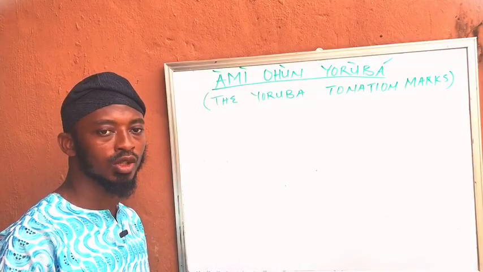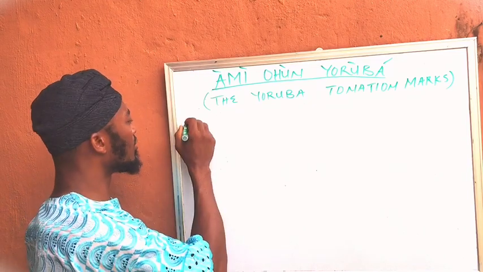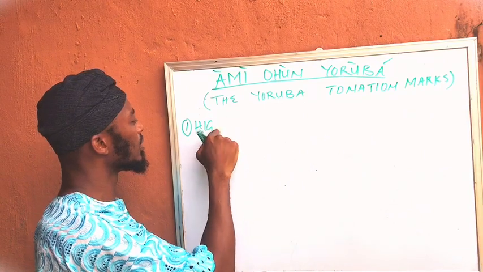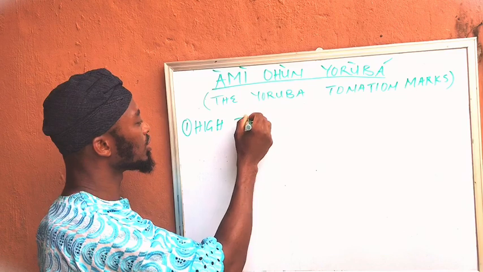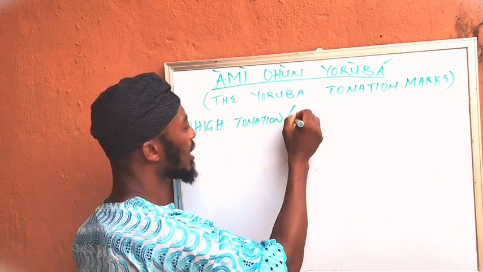The Yoruba tonation marks are just three in number. We have the high tonation, that is Ami Oke.